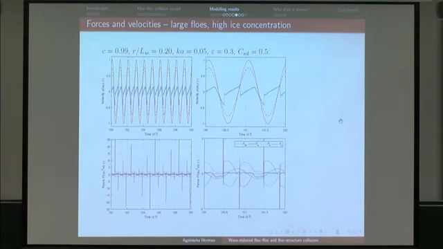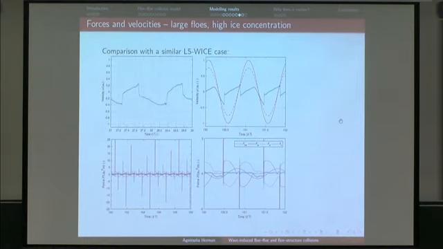And the last example, this time for large ice floe. So you see that the amplitude of motion is quite small compared to the amplitude of the wave motion. And when we again compare this to some measurements, this is an example of a similar situation from this case of square floats packed densely together.